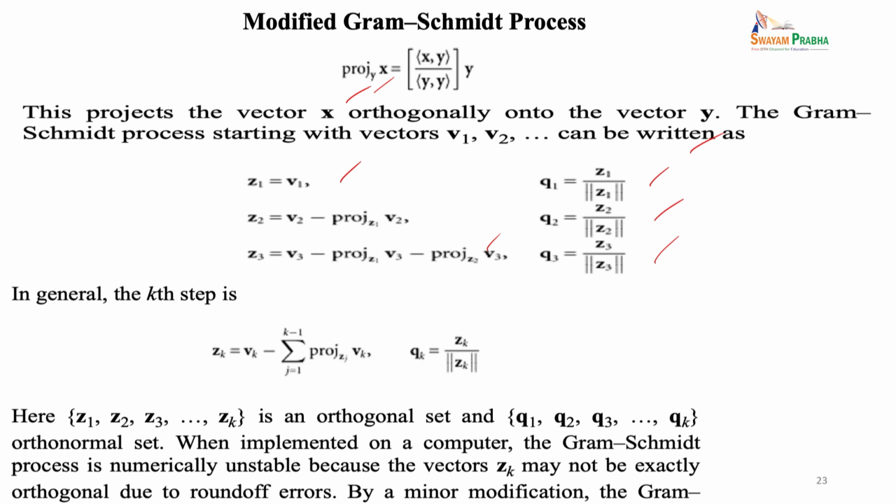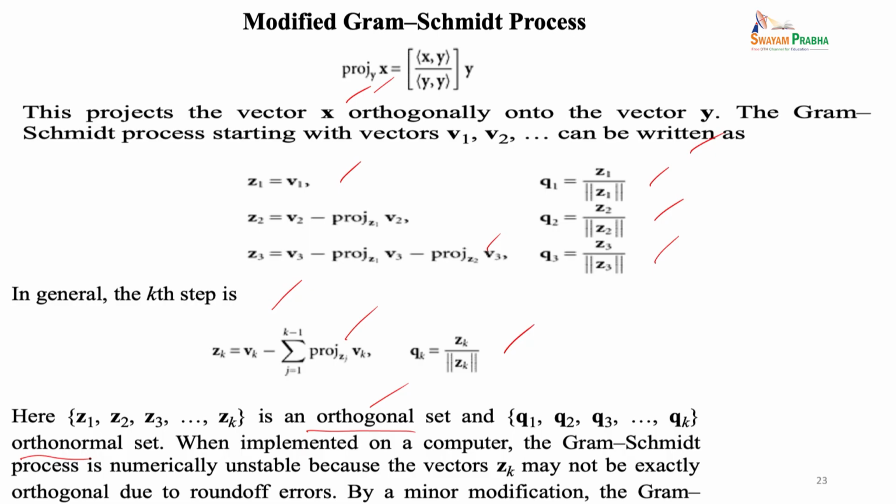In general, at the kth step, zk equals vk minus the summation from j equal to 1 to k minus 1 of the projection of vk over zj, and qk equals zk by norm zk. So here z1, z2 and so on up to zk is an orthogonal set, and q1, q2 and so on up to qk are an orthonormal set.